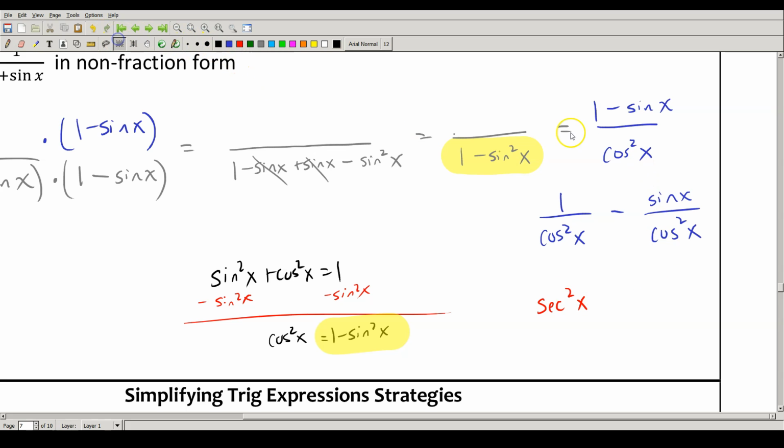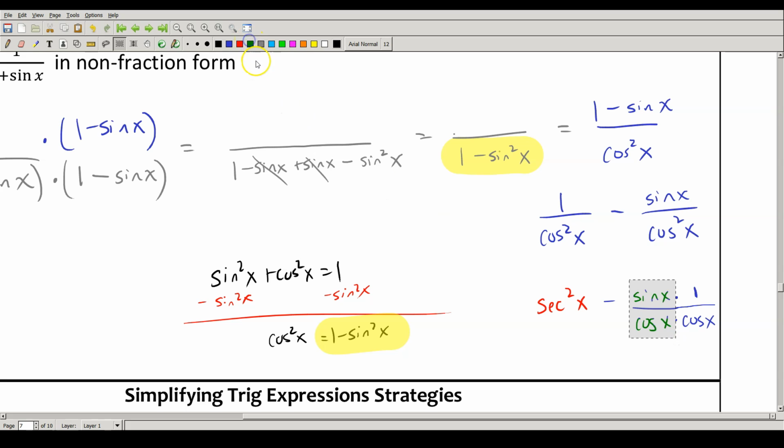Then we can think about what is sine over cosine squared. This is a little different. Because there's a squared there, we can't just say that's tangent. So let's write this as the sine of x. Instead of saying cosine squared x, let's break it up again and say cosine x times cosine x, right? Because cosine x times cosine x is definitely cosine squared. And I'm going to put a 1 here just so you can clearly see what I'm about to do. So now you could treat this as 2 separate things.